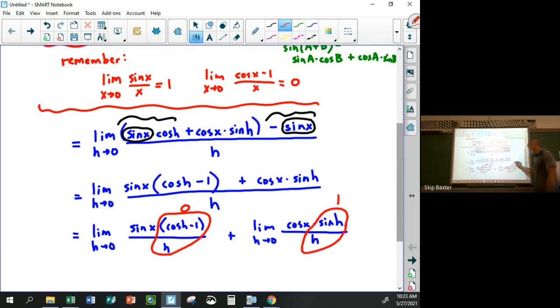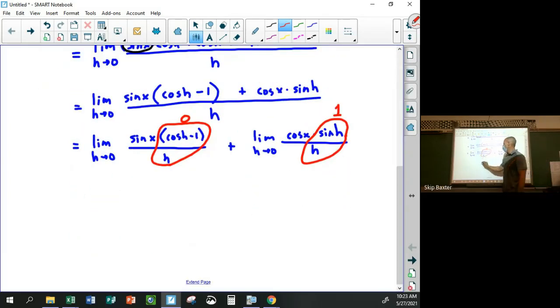This is really 1. So this ends up being 0, and this ends up being cosine x. Because if this part of it is 1, there are no h's left, so there's no place to substitute h equals 0, and you just have cosine x.